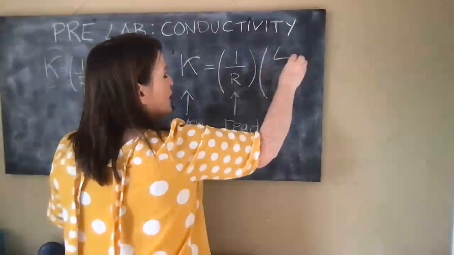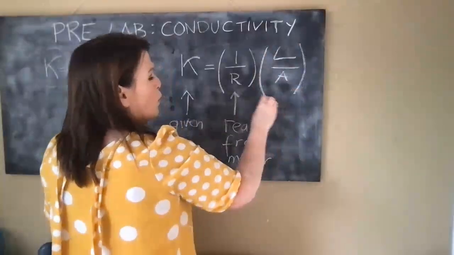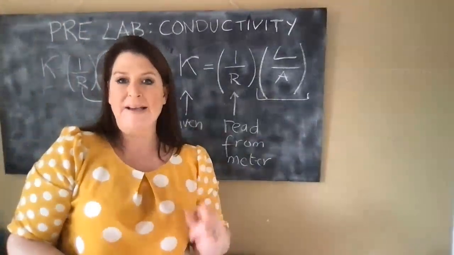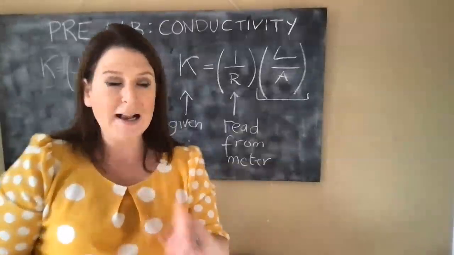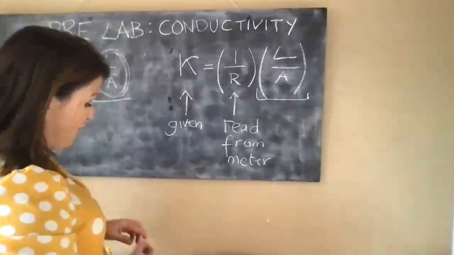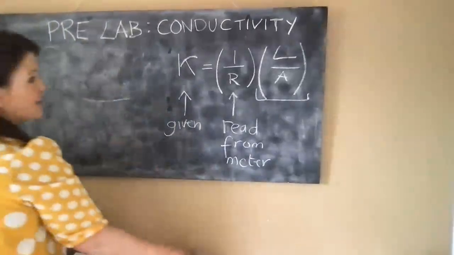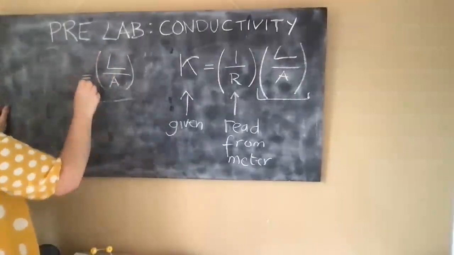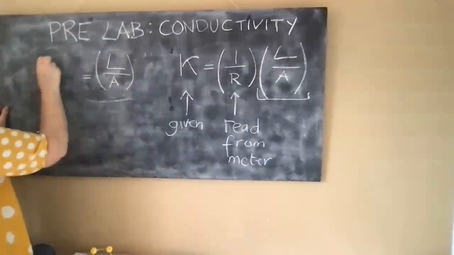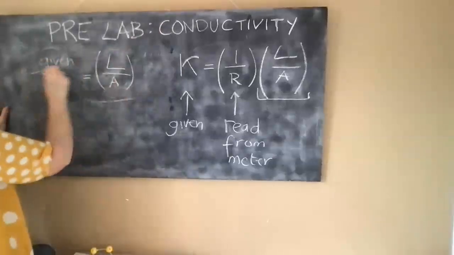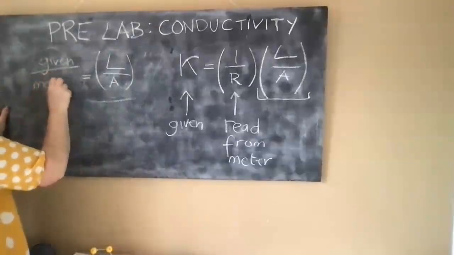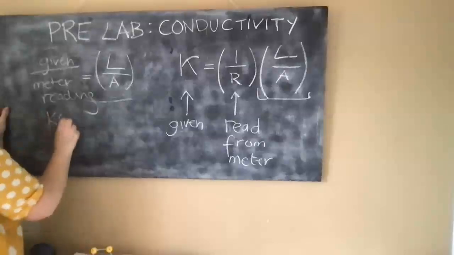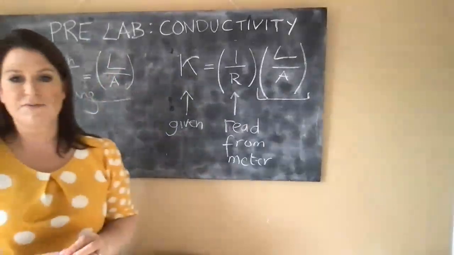The final thing you need is your cell constant, which is L over A. You do not need to know L or A independently. You need one numerical value that represents L over A. So L over A, or your cell constant, equals the given value for the conductivity divided by the meter reading for the KCl, and that gives you your cell constant value.